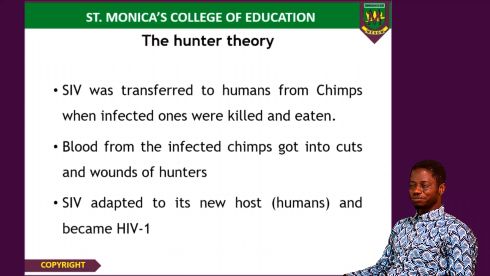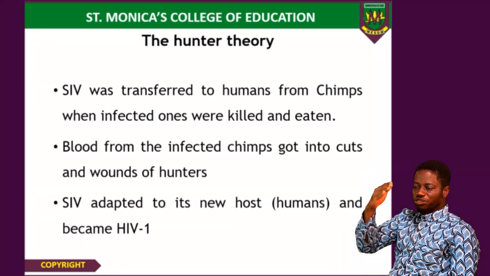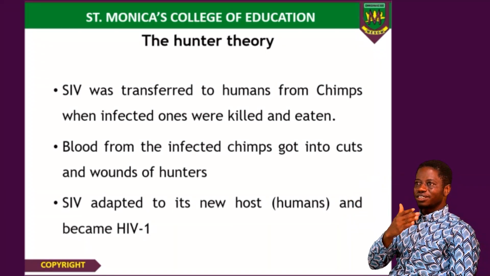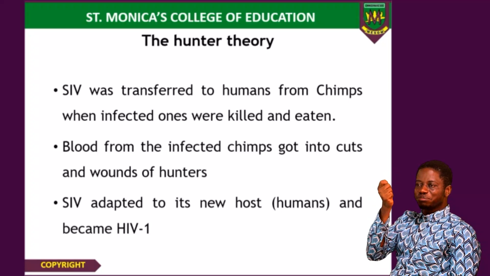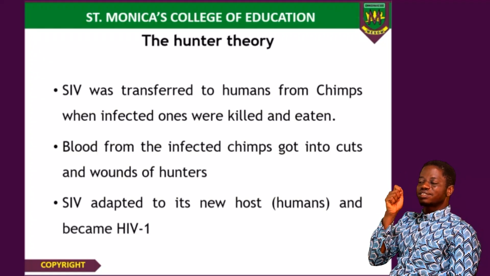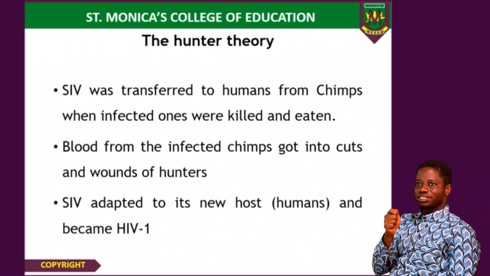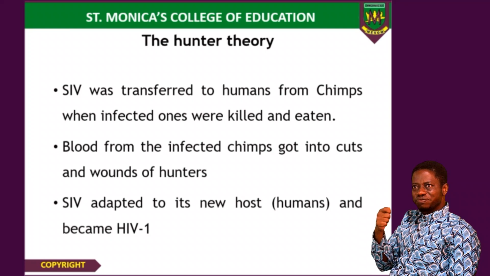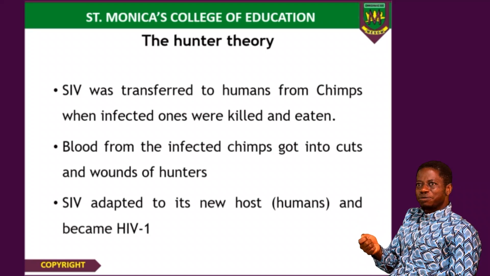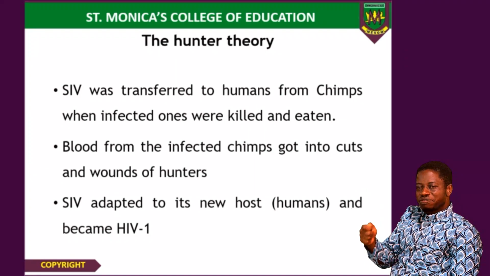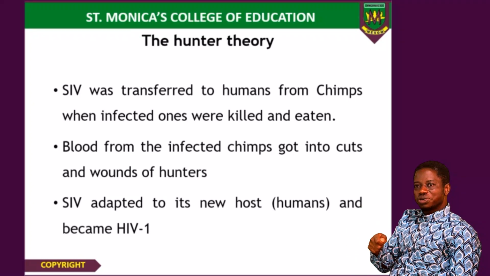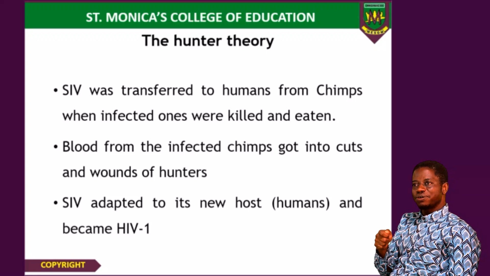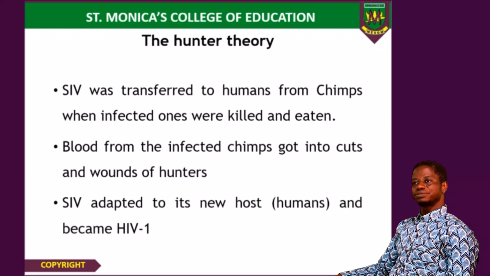In the process of chopping the meat, sometimes the hunter got cut, so the blood from the chimpanzee entered the hunter's cuts. And so the SIV, a condition found in monkeys and chimpanzees, mutated, changed into what we call HIV type 1. You see it? And they are saying that this theory is scientifically proven.